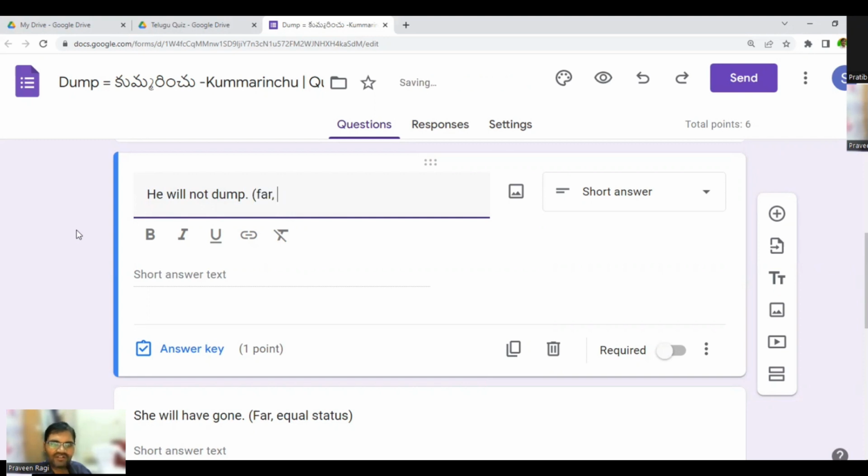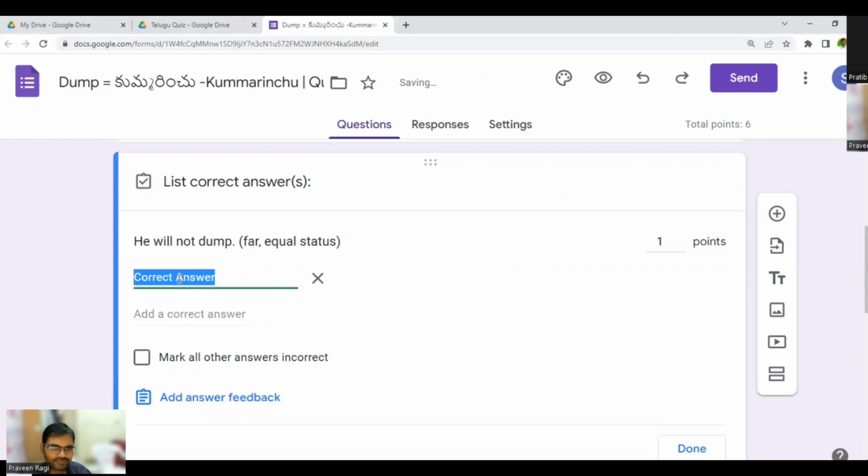Far, then equal status. Now make the sentence. అతడు కుమ్మరించడు. అతడు కుమ్మరించడు.